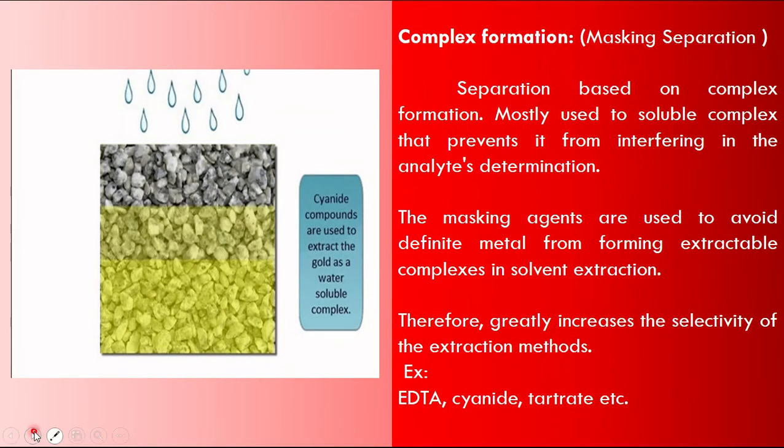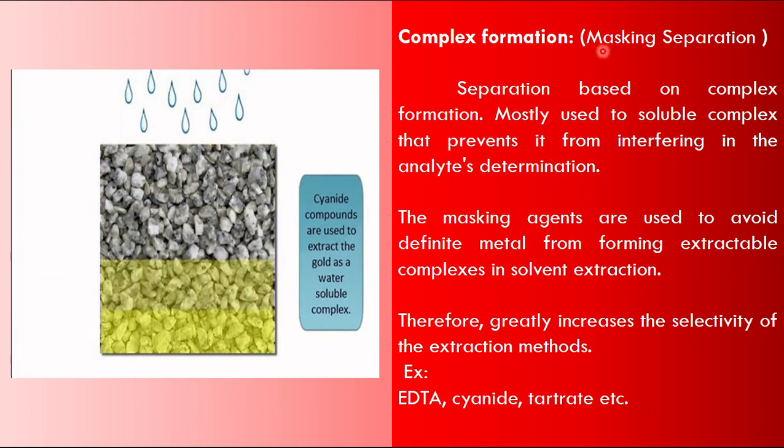Next method of separation is complex formation. It is also known as masking separation. It is a process of separation where we can separate the compounds by the complex formation process. Here, most commonly, soluble complexes are formed.